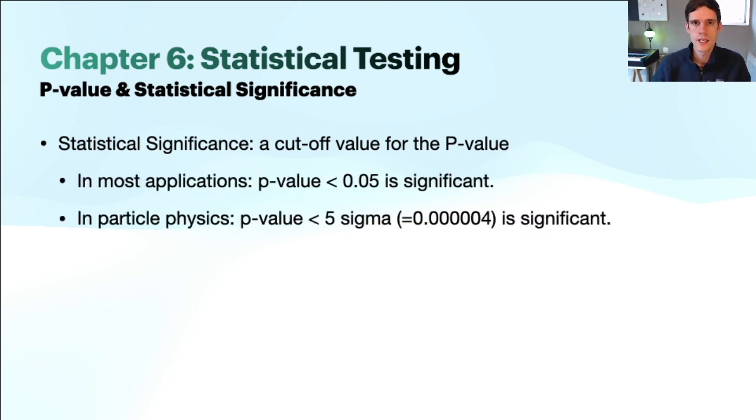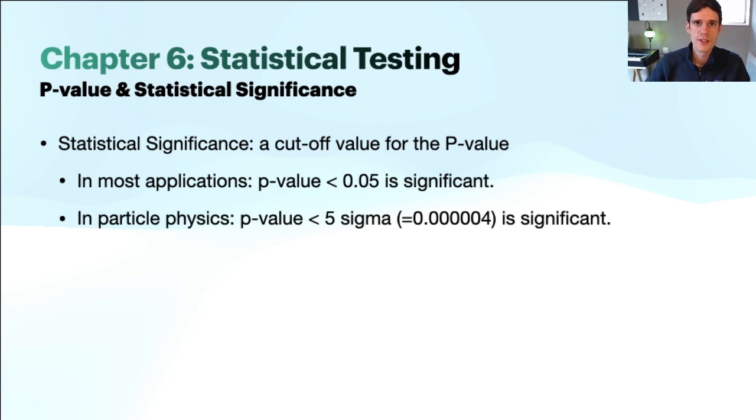In most applications, for instance, in the psychological or medical literature, a p-value of 0.05 is considered significant. So in these fields, any insights that come from these sample sets with a p-value lower than 5% are considered statistically significant and thus are extrapolated to the entire population.